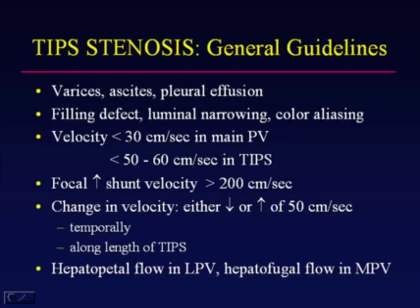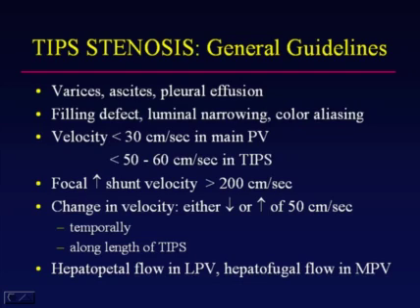Look for an increase in velocity at the site of the stenosis, anything in excess of 200 centimeters per second, and look for a change in velocity, either a decrease or an increase of more than 50 centimeters per second temporally from one exam to the next or spatially along the length of the tips.